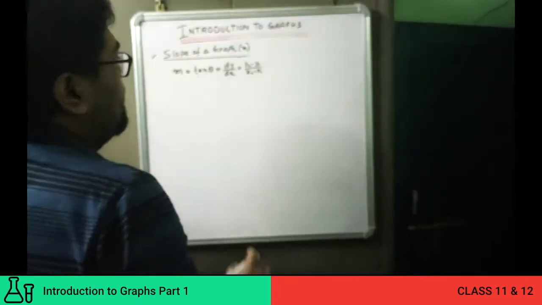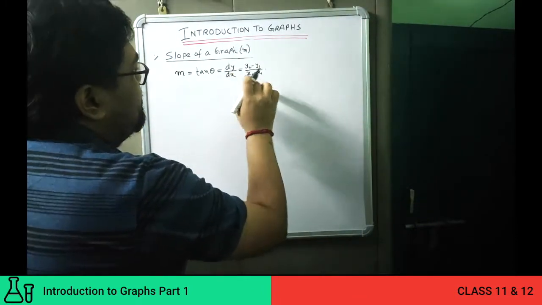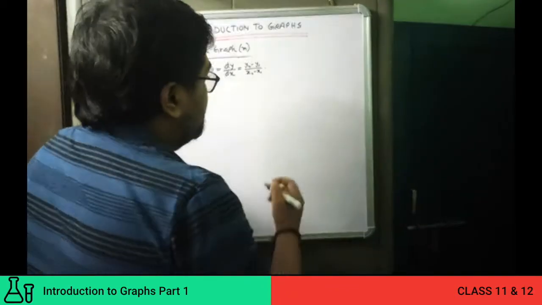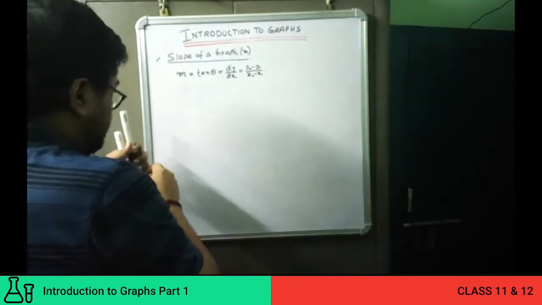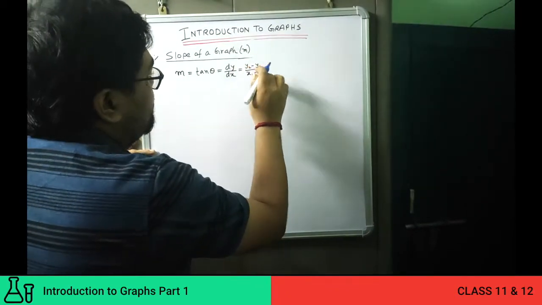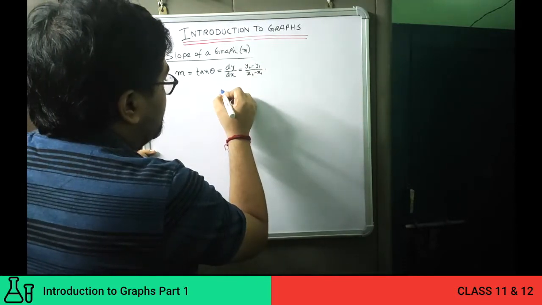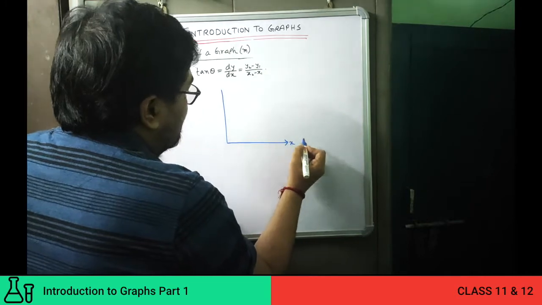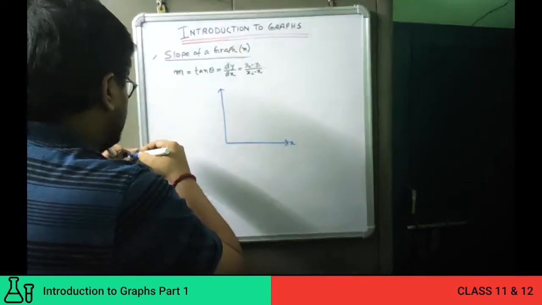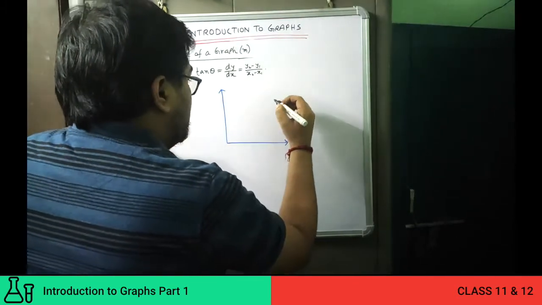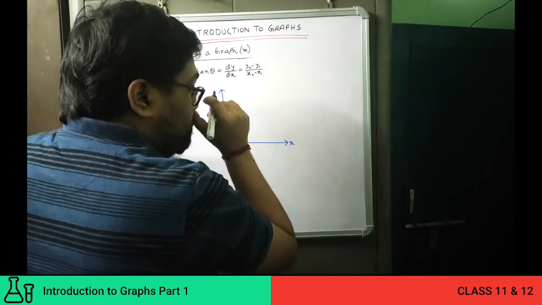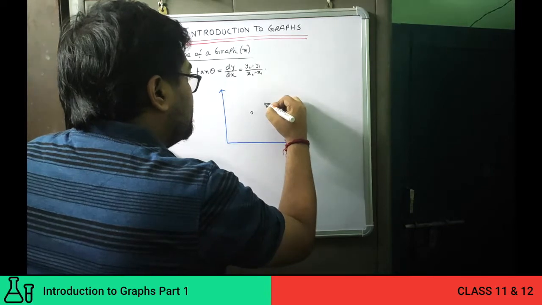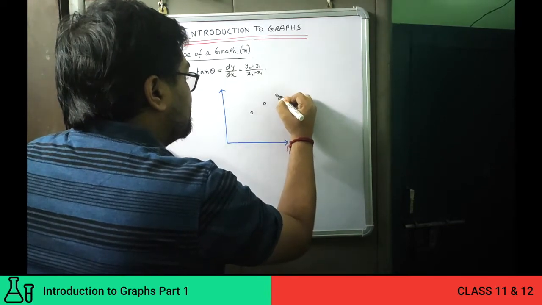Now, how is this term coming? There must be some sort of a derivation. So we will see how this equation actually comes. Let us take an axis. This is x and this is y axis. Suppose when you are plotting, you have got 3 points like this.